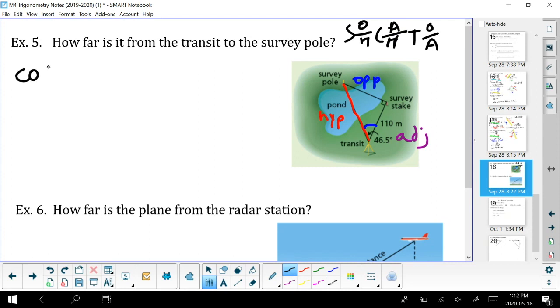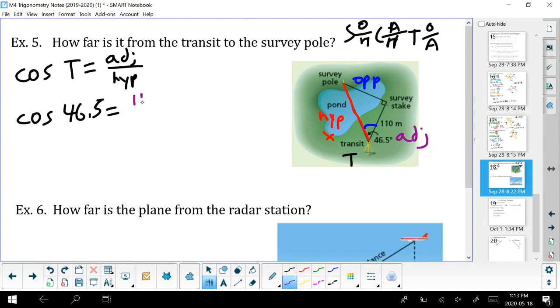So the cosine, and let's call your transit reference angle t. So cosine of t is equal to the adjacent side over the hypotenuse. So since we don't know what your hypotenuse is, let's again call that x. You can really call it any variable you'd like. So you have cosine of 46.5 is equal to your adjacent side, which is 110 meters, divided by your hypotenuse, which is x.